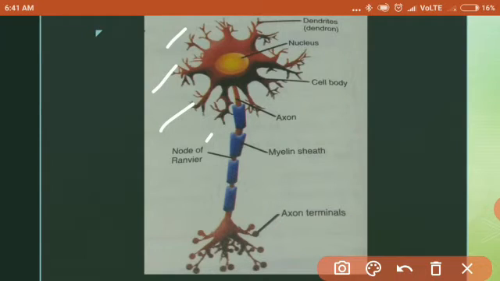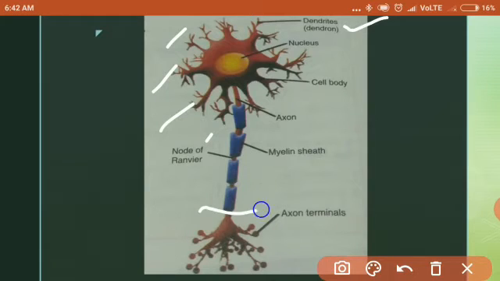Because the main function of nervous tissue is to receive and send messages to different body parts. And to receive and send messages in an efficient manner, these extensions increase the surface area for receiving and sending messages. Therefore the cell body gives out these small extensions, and these extensions are called dendrites or dendron.